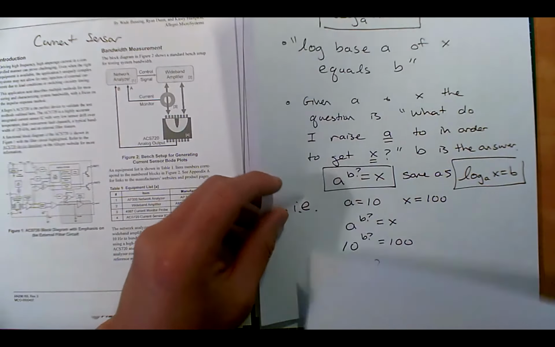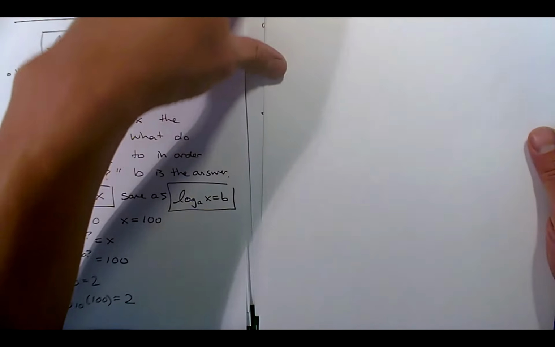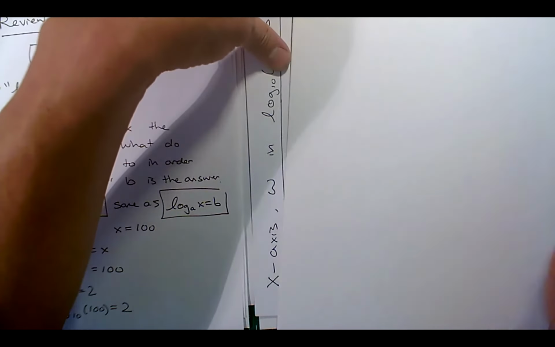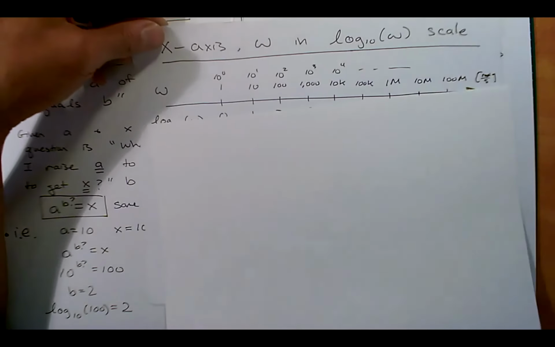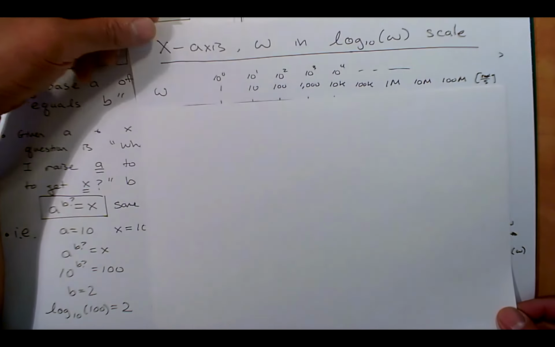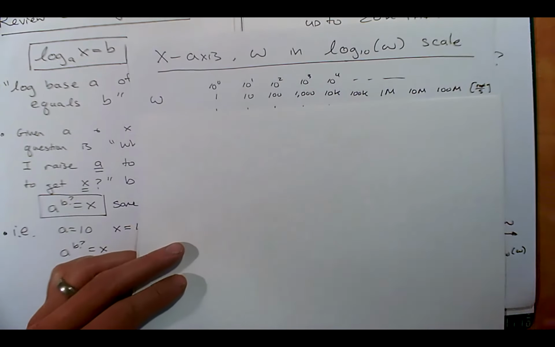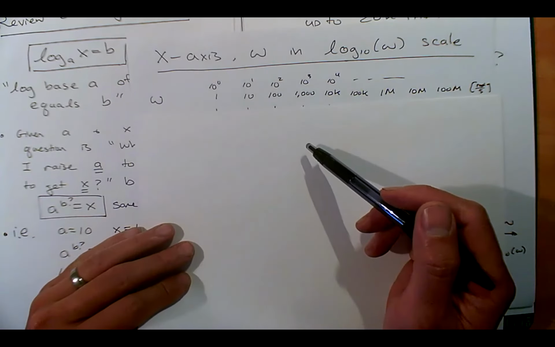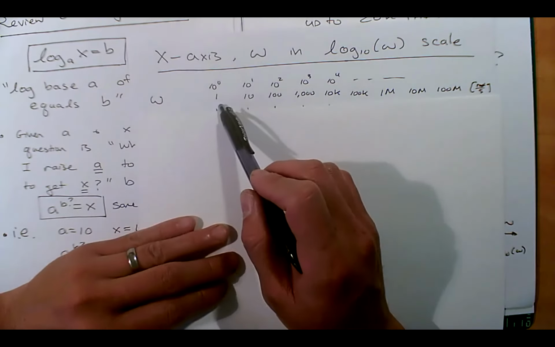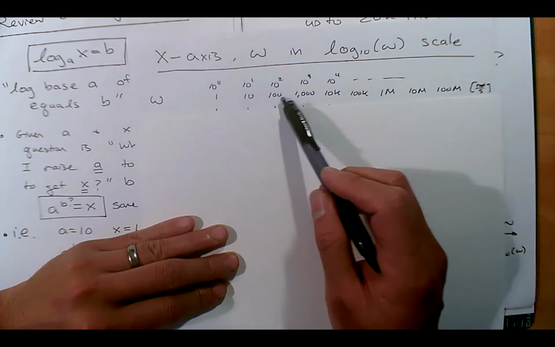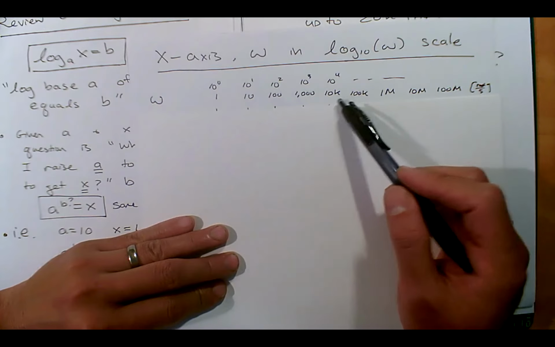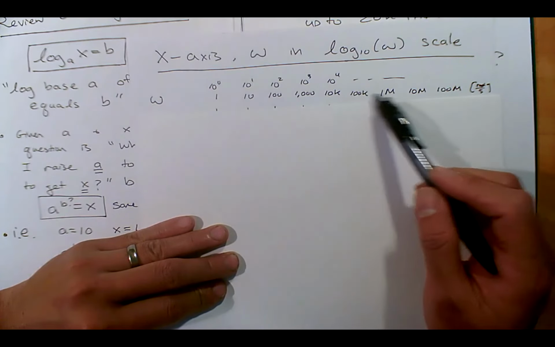We can move on. Let's look at a linear scale and compare it to a log scale. I'm going to rotate the paper sideways. Let's say we're plotting omega because we're looking at frequency. We're looking at a bunch of different values here: 1 radian per second, 10, 100, 1,000 radians per second, 10,000, 100,000, 1 million, and so on.